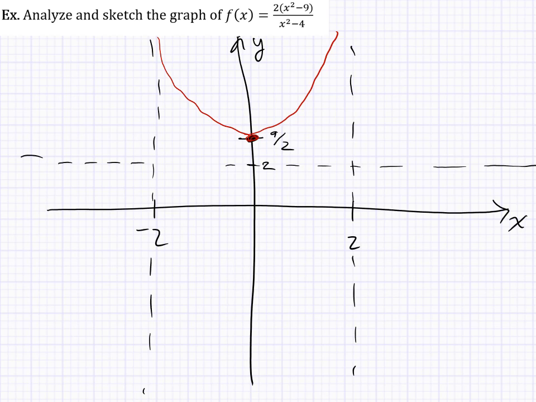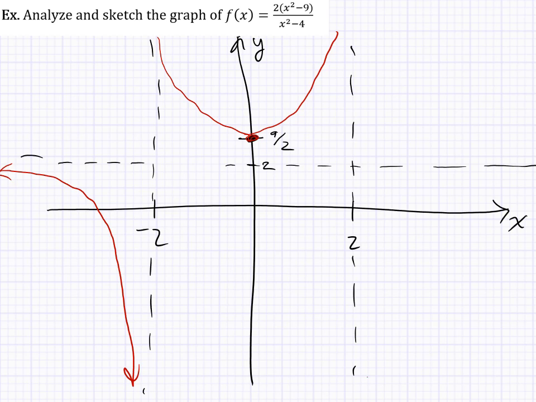Then from negative infinity to negative 2, we said our function was concave down. If you go all the way back, we also said it was decreasing. So if it's decreasing and concave down, our graph would look like this. Conversely, if we look at the other side, we said our graph was concave down from 2 to infinity, but we also said it was increasing.